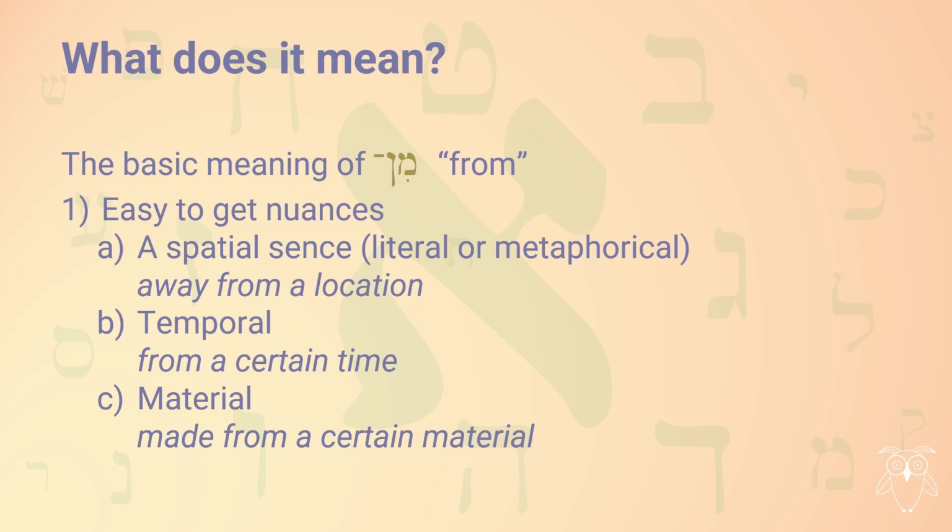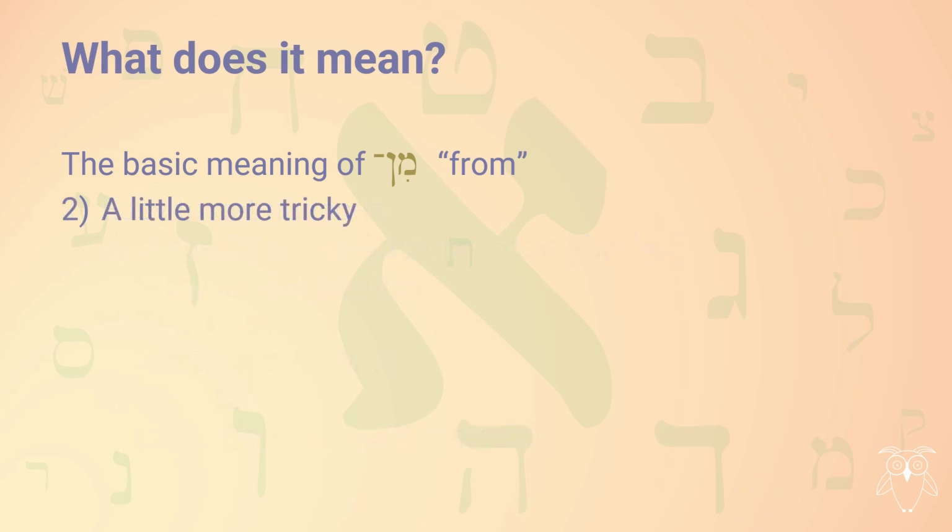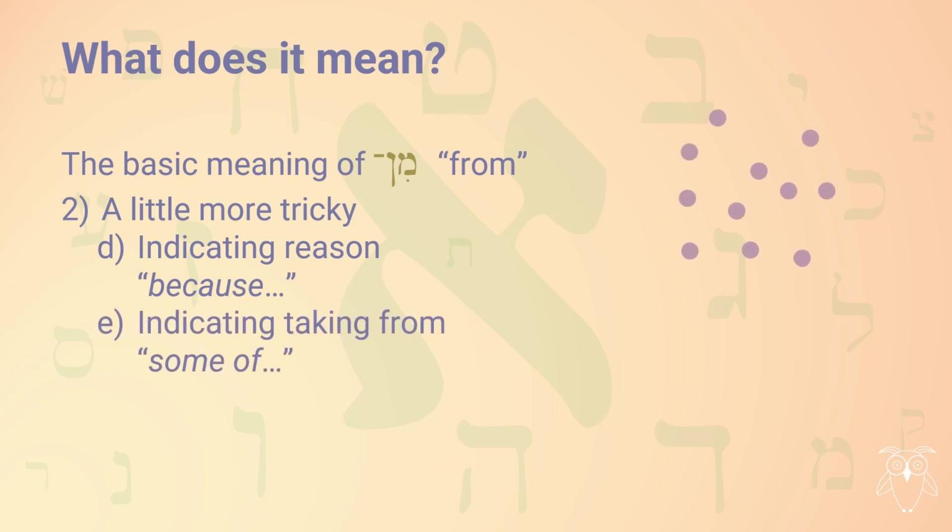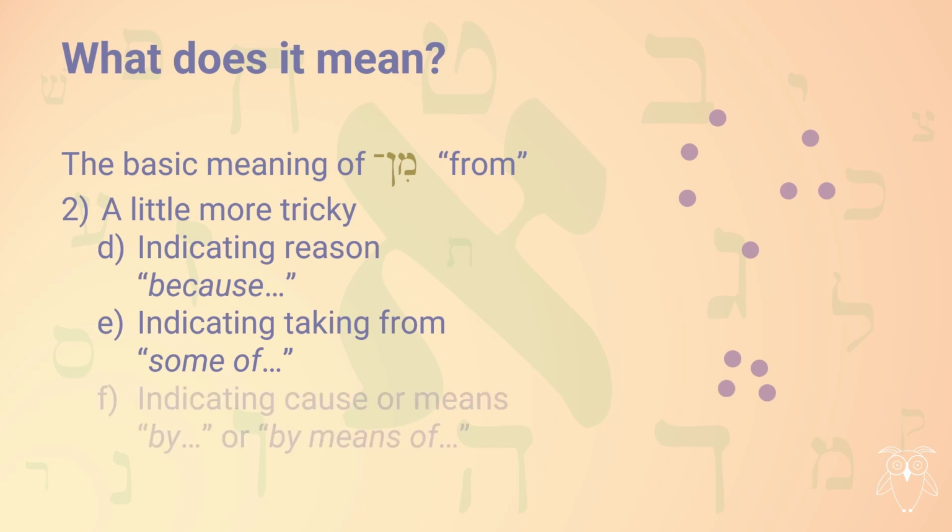So far so good. It gets a bit more tricky when it gets a bit more abstract and should be translated as, for example, because, indicating reason, some of, indicating that you are taking from a group or a substance, or it should be translated as by or by means of, indicating cause or means. But with a dictionary and some puzzling, I'm sure you can figure this one out.